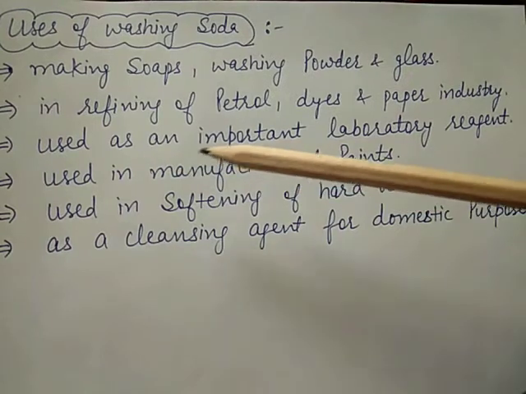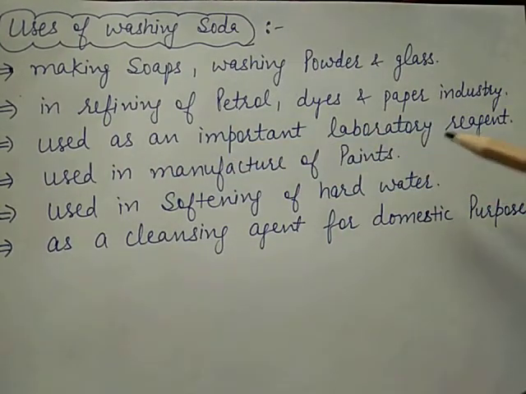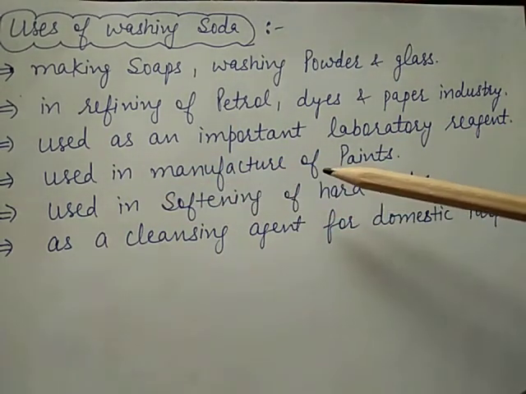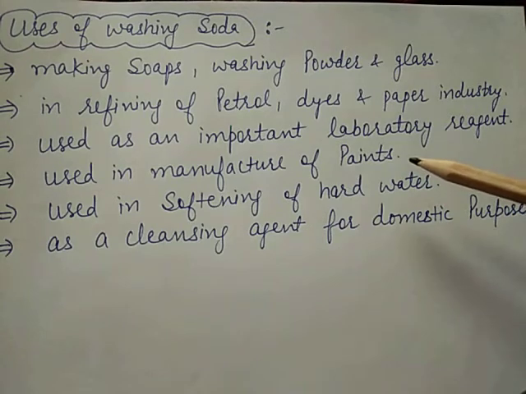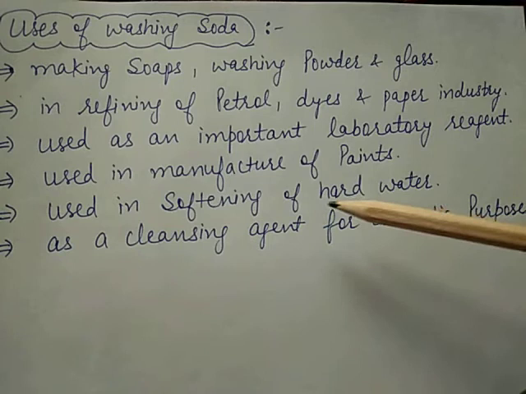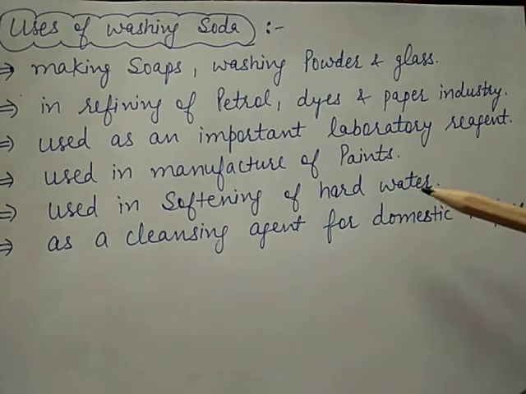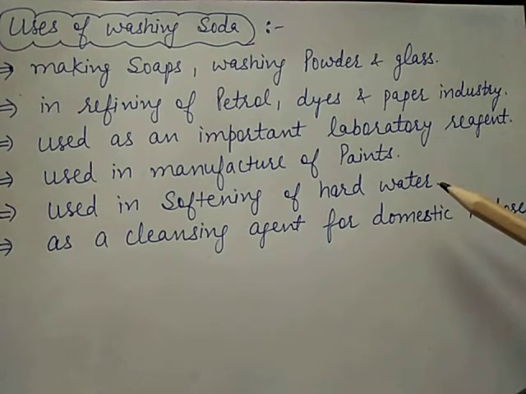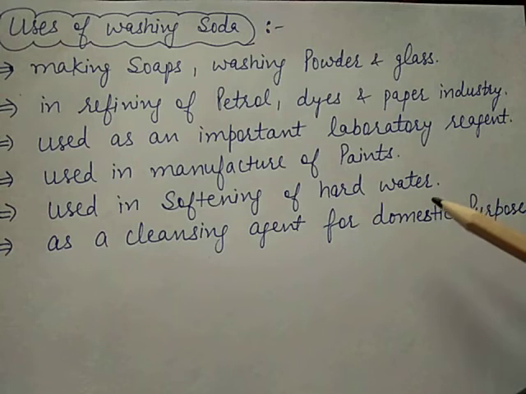It is used as an important laboratory reagent. It is used in the manufacture of paints. It is also used in softening of hard water, meaning it is used for removing the permanent hardness from the water, so the water becomes soft.